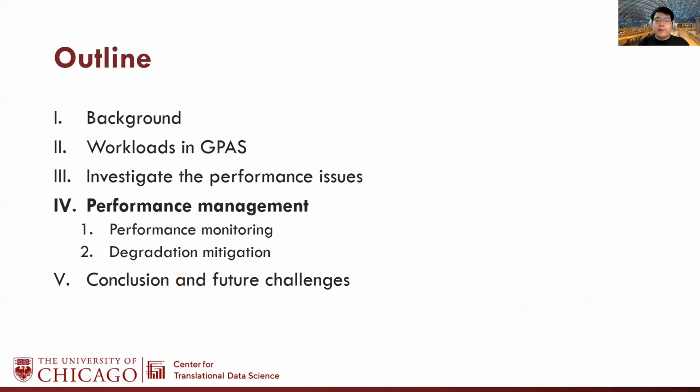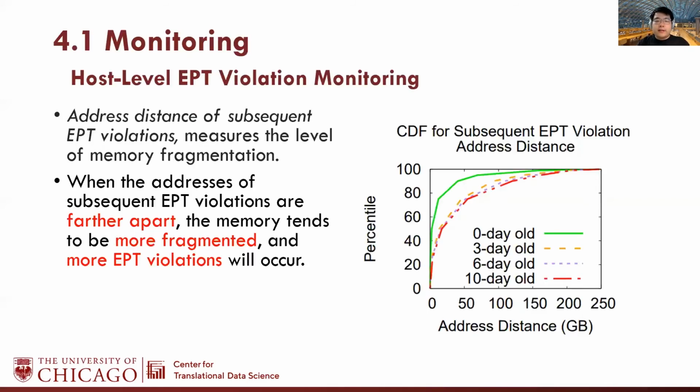Now we share a few methods to detect and mitigate the performance slowdown. Having known that the slowdown is caused by EPT violations, we developed 2 methods to monitor the slowdown. The first method is host-level EPT violation monitoring that we also used in the experiment in the previous slide.